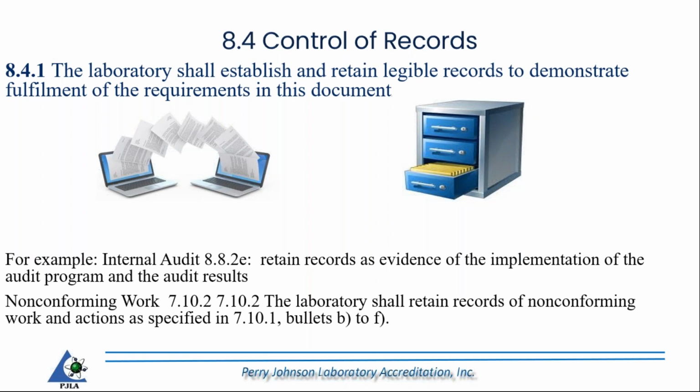Same with non-conforming work. An example there is listed, the laboratory shall retain records for non-conforming work as specified in 7.10.1, b through f. So if that situation reared its ugly head, you would be expected to see a record of what was done to rectify that situation.